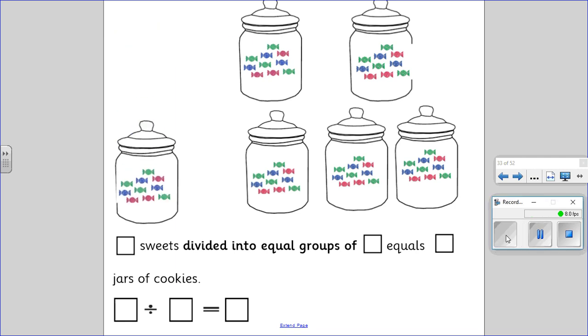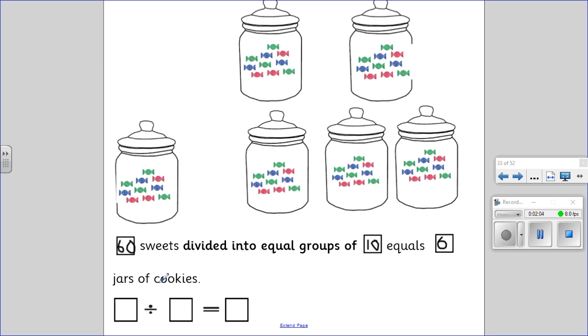So we've got all together, let's count in our tens, 10, 20, 30, 40, 50, 60. I've got 60 sweets all together, so we know the whole. And we've divided them into equal groups of 10, so they've all got 10 inside the jars, equals how many jars? 1, 2, 3, 4, 5, 6. Well done if you got that.